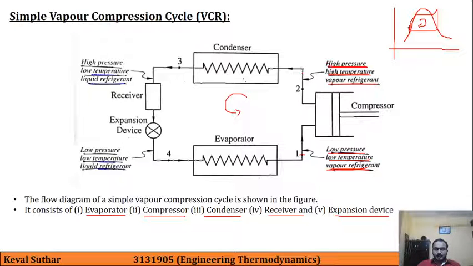Then we have the condensation process. Condensation means there will be a phase change. That is, the vapor will get converted into liquid. And obviously, the meaning of condensation is that there will be a drop in temperature. So here the high temperature will get converted into low temperature.